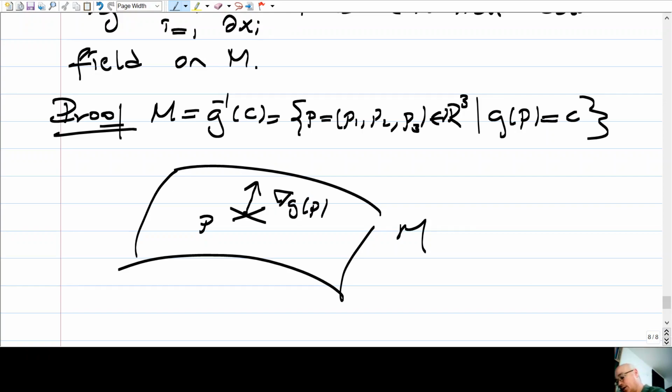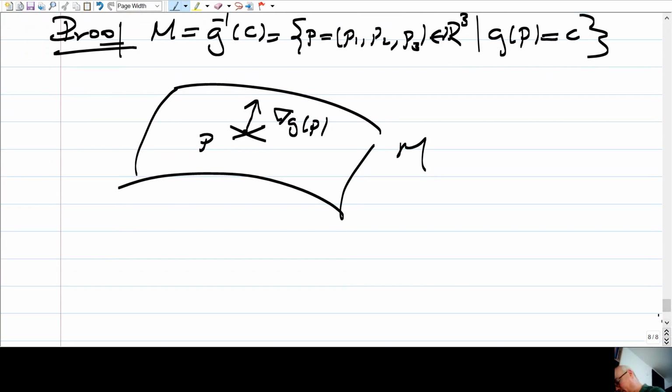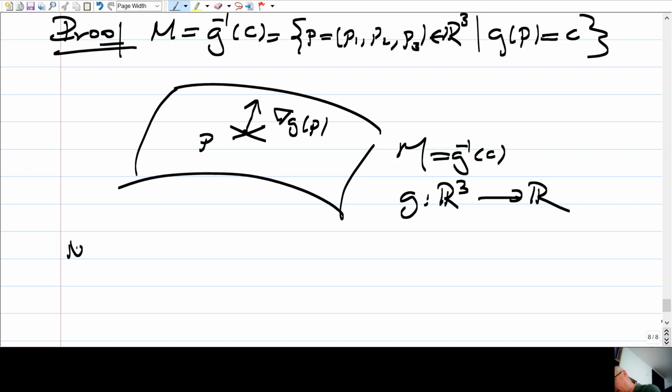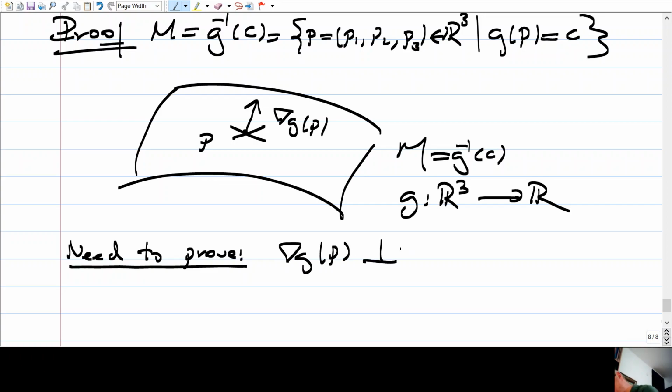That's the claim, and this is easy to prove. Here, of course, g is a smooth differentiable function from R3 to R. To show that this is normal to the surface, I need to prove this vector is perpendicular to all tangent vectors.